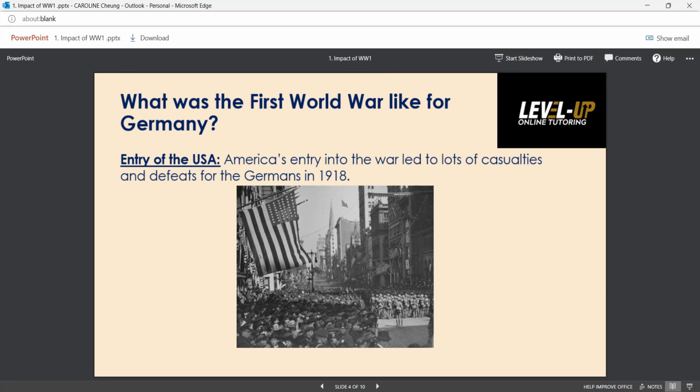And it just means that for Germany, the minute that America lands on the soil of France and Belgium, they're going to be defeated. So Germany does a last ditch push to try and win the war before American soldiers land. It fails. And then that is the end for Germany. So lots of casualties, lots of defeats for the Germans in 1918.